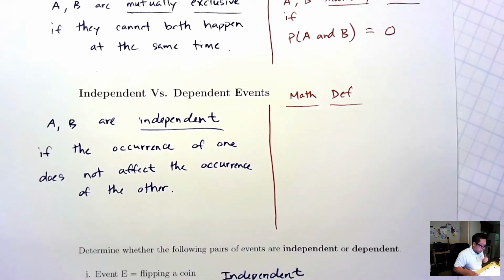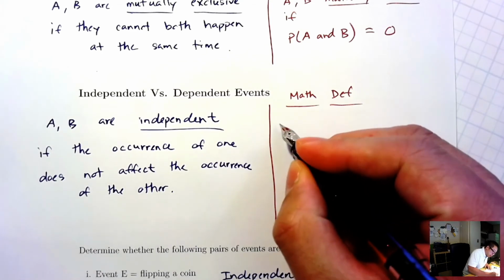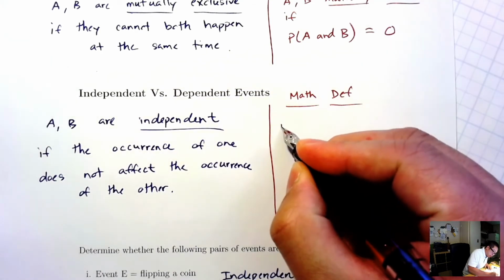Now let's talk about the math definition. Okay, so what does it mean when the occurrence of one does not affect the occurrence of the other? Okay, so I'm going to write one down, and then I'll tell you what it means.